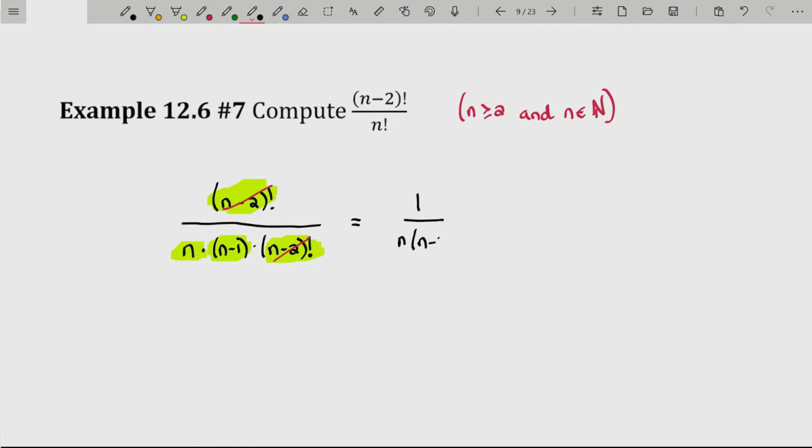times n minus 1. Again, factorials technically are only defined for natural numbers, so you can't really do this for fractions. So it's not that every single time that you see these, they'll cancel. Well, no, actually they will. With factorials, they will cancel nicely. But why learn this if it's only just a convenience, right?